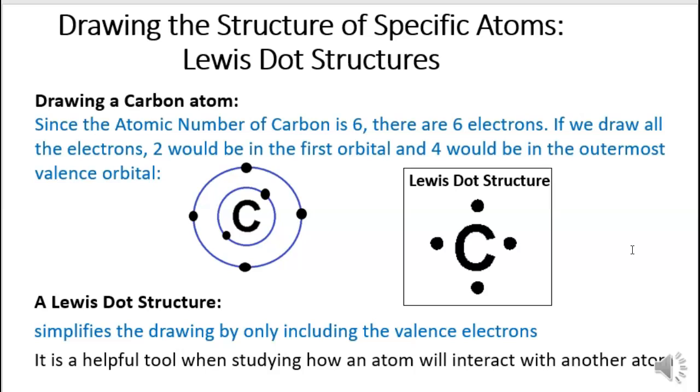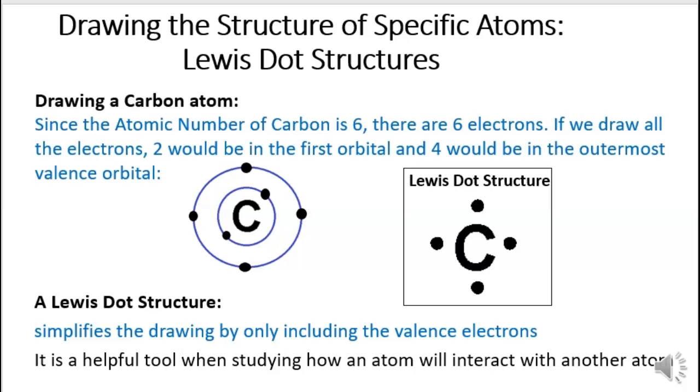Since the atomic number of carbon is 6, there are 6 electrons. If we were to draw all the electrons, we would see that there are 2 in the first orbital and 4 in the second orbital. But to simplify that drawing, we just draw the valence orbital electrons around the chemical symbol. So that's a Lewis dot structure.